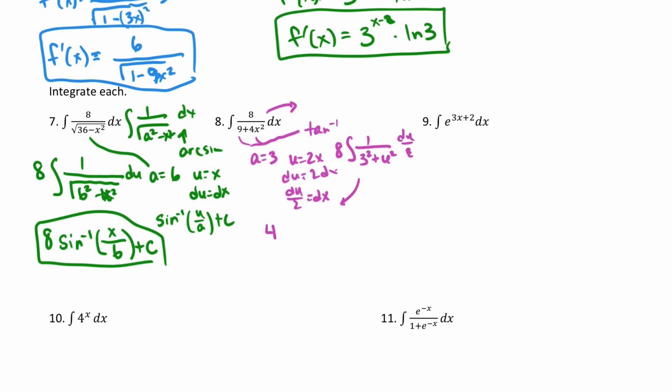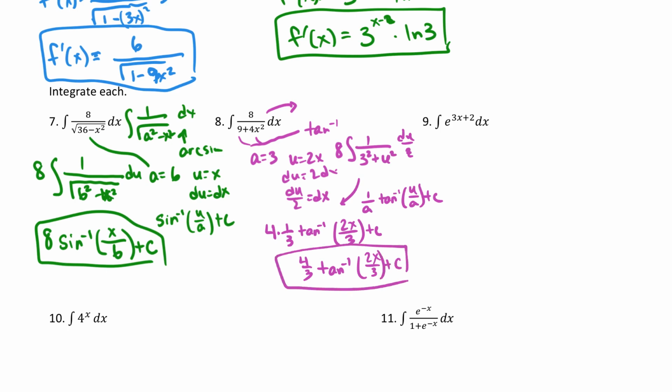And remember, the arc tangent is going to be 1 over a arc tangent of u over a plus c. So this is 4 times 1 over 3, the arc tangent of u, which is 2x, over a, which is 3, plus c, and I could just say this is 4/3 arctan 2x over 3 plus c.